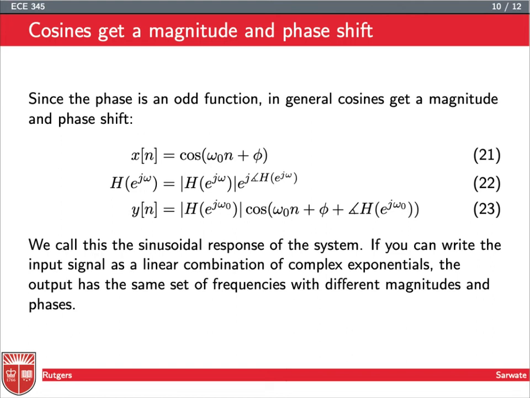What this means is, of course, if you write an input signal as a linear combination of complex exponentials, then the output is going to have the same set of frequencies. That's really important. If I have cosines at ω1, ω2, and ω3, at my output I'm going to get the same cosines at ω1, ω2, and ω3, but the magnitudes might be different, and they might be phase shifted a little bit.